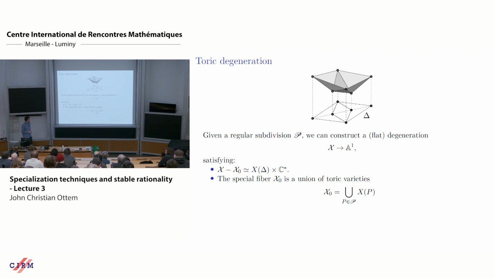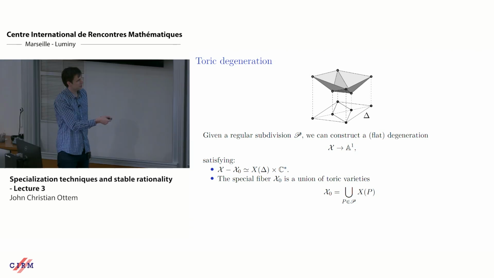Okay, so the special fiber of the degeneration breaks up into a union of toric varieties. And the point is that the special fiber is a union of the toric varieties of the polytopes that appear in the subdivision.